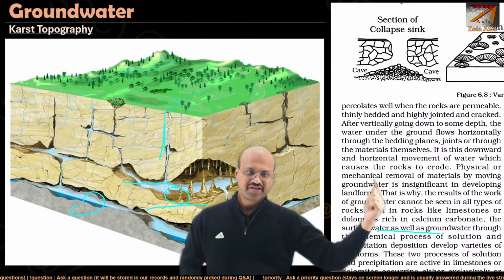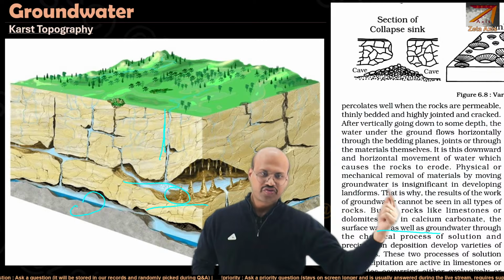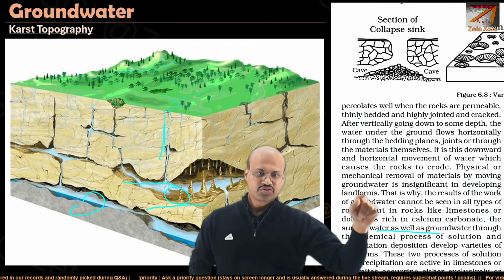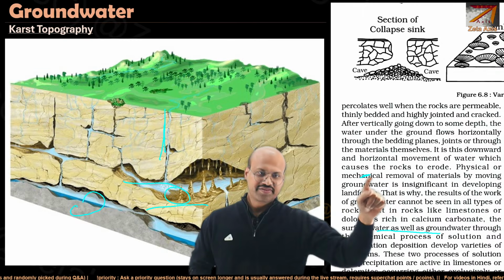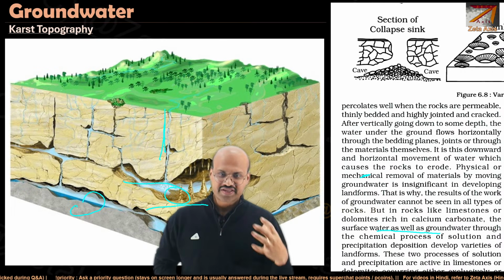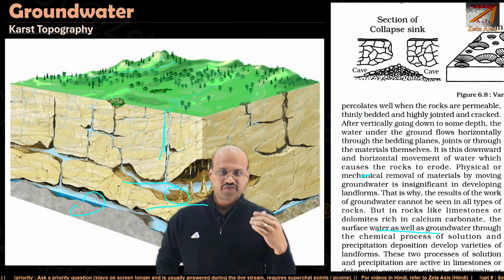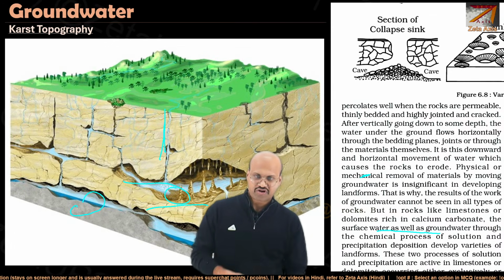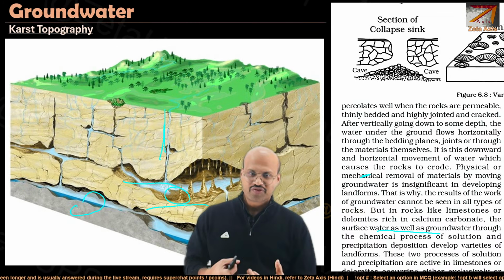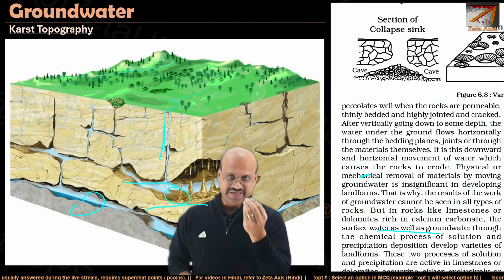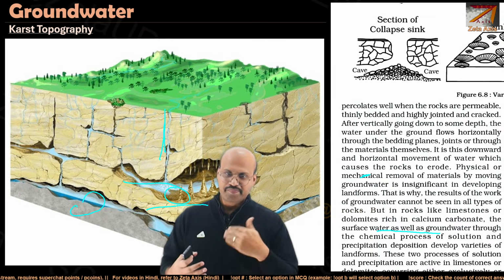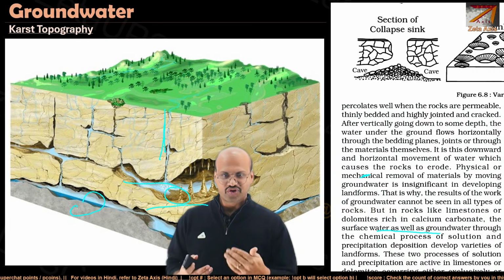Physical or mechanical removal of materials by moving groundwater is insignificant in developing landforms. Remember, physical means the kind of weathering created by physical forces, like frost action, or abrasion, where there was debris within the running water and it would collide with the river bed or river floor and cause erosion.